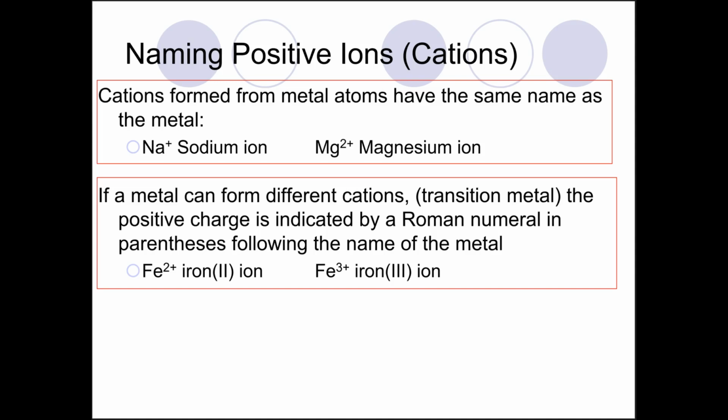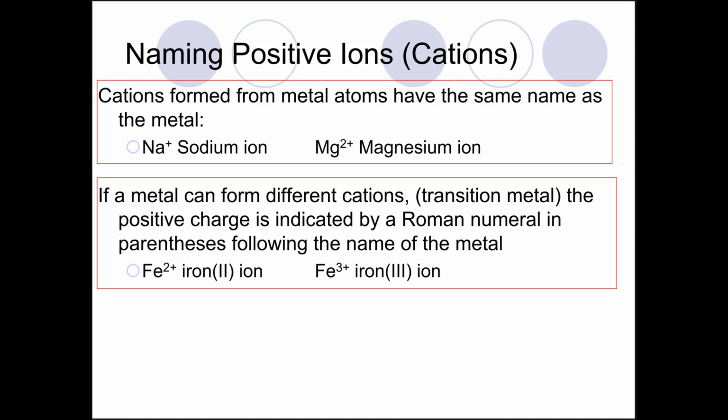It would be wrong if you called Na+ sodium(I) ion. That is incorrect. We only do the parentheses when we have to. And we have to when the element is a transition metal or from group 14. Okay? This might seem horrible. Trust me, it's not as bad as it used to be.